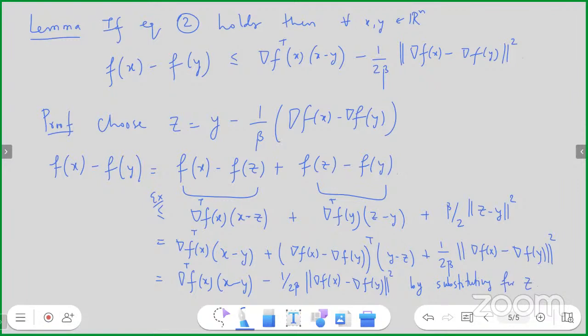Something is not correct. The sign. So what is f of x minus f of del f of x? So look at y minus z. y minus z is plus 1 by beta. Okay. So y minus... no, it should be z minus y.